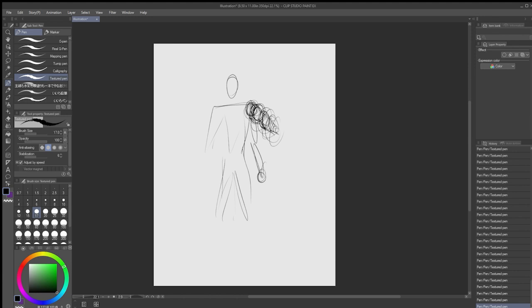The coil technique really only works if you already understand some kind of anatomy and understand the way things compress. So the arm is going to be shorter if it's lifted toward you. And yeah, you start rough, and then you go back in to finalize what you did.